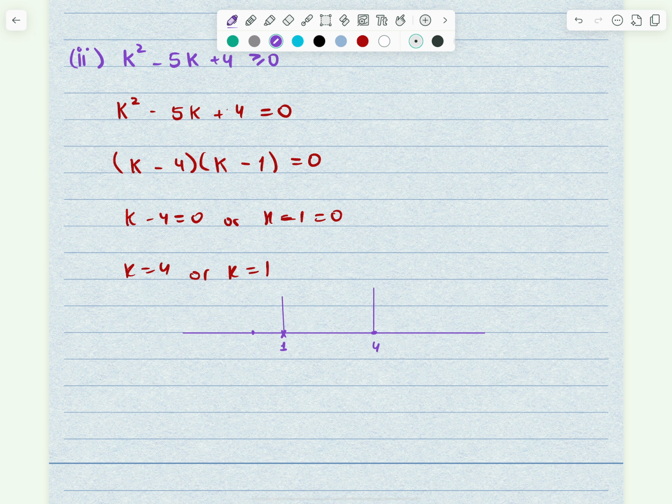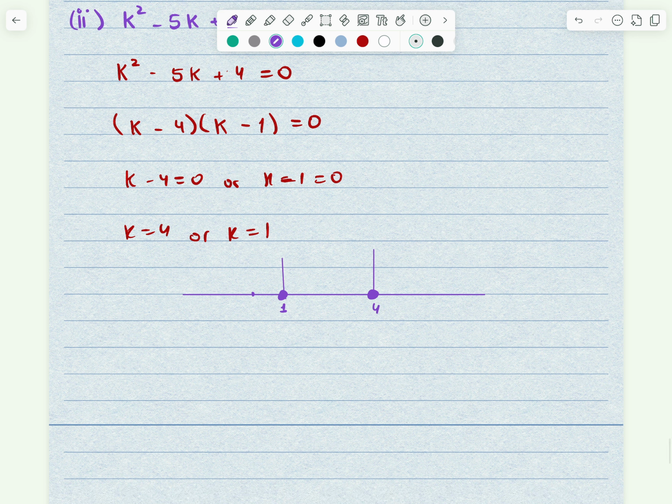If you have more solutions, you put more vertical lines. So this part is where we have numbers less than 1, this part is where we have numbers between 1 and 4, and this part is where we have numbers greater than 4. Since both 4 and 1 are included, let's highlight them.